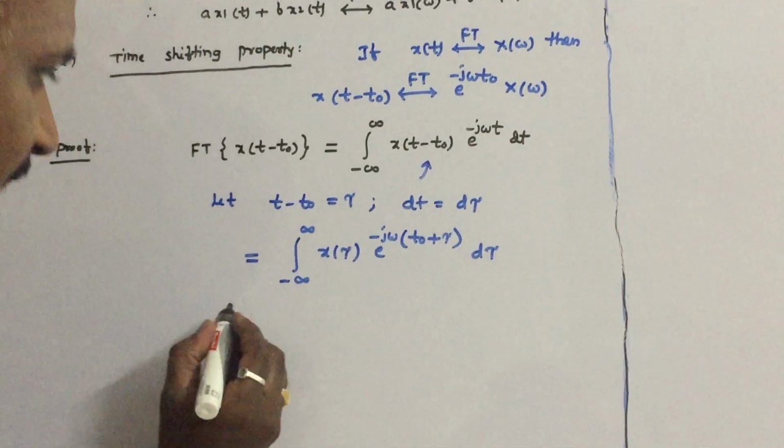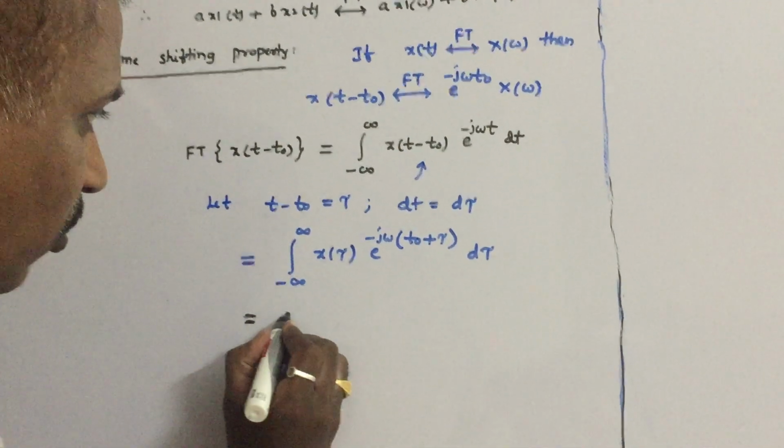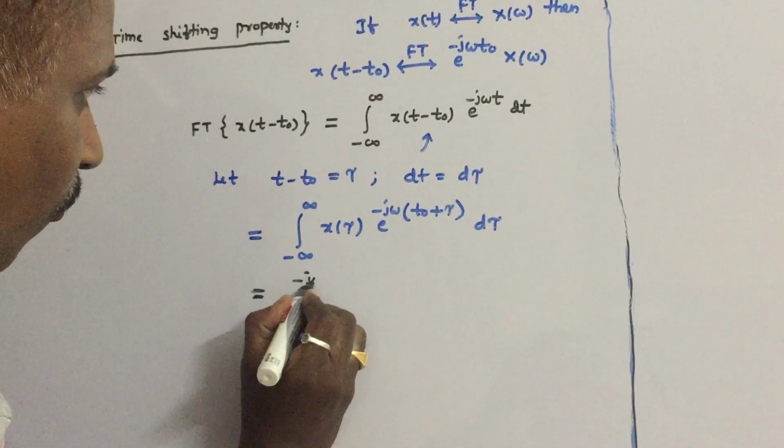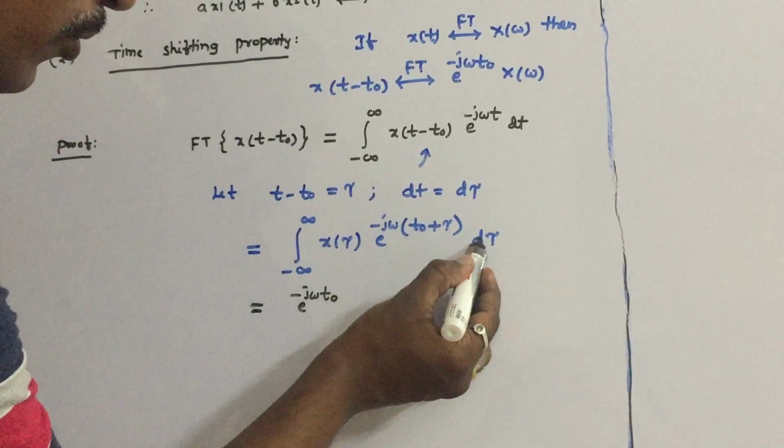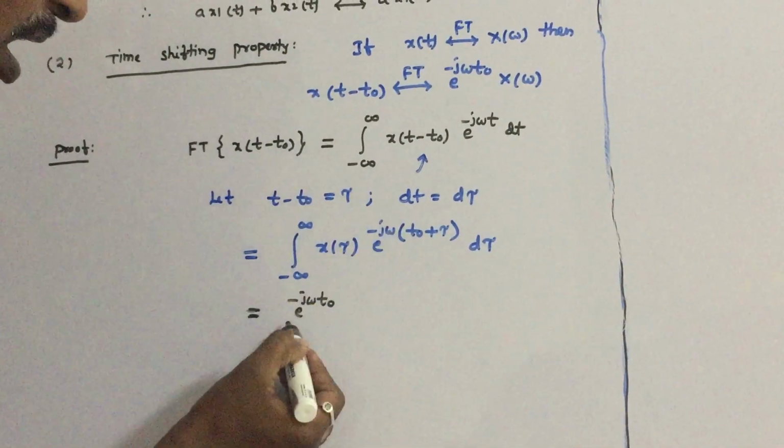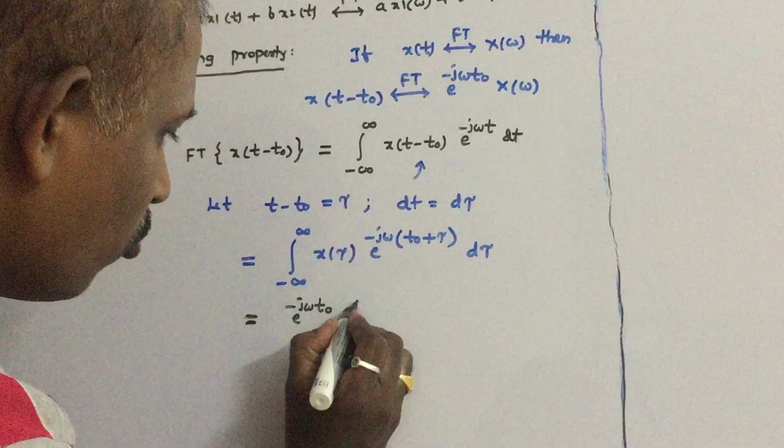So in this integral, what is the constant? The constant is e power minus j omega t naught, because this integration is with respect to tau. So this term is constant in this integration. Therefore take it outside.